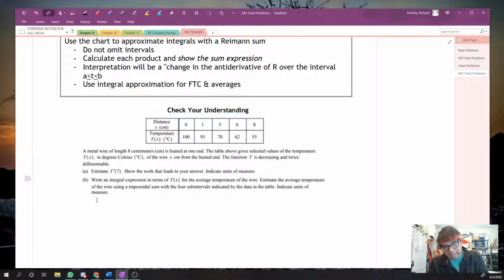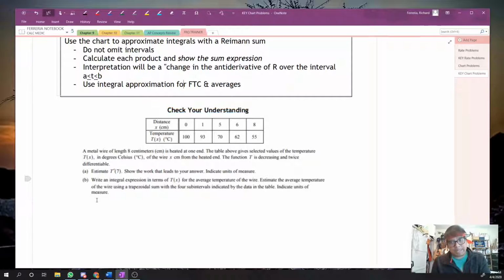So right at the heated end, the wire is at 100 degrees. 5 centimeters away from the heated end, the temperature of the wire is 70 degrees, and at the other end of the wire, 8 centimeters away from where the heat source is being applied, the wire is only 55 degrees.